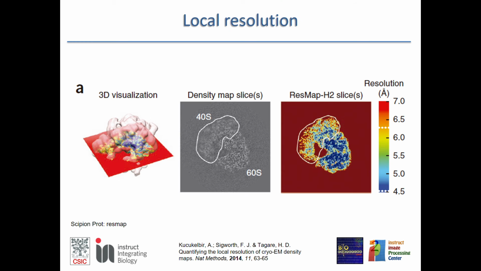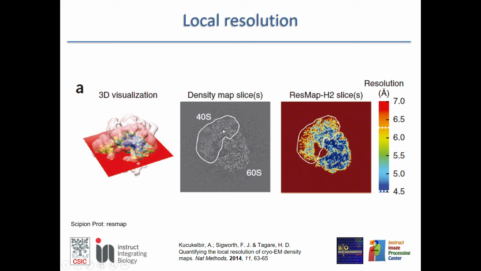But in the last years, we have, as a field, already acknowledged that the resolution is not something global, but also something local. If there is, for instance, a part of the molecule that is moving, then we will have less resolution in that area.